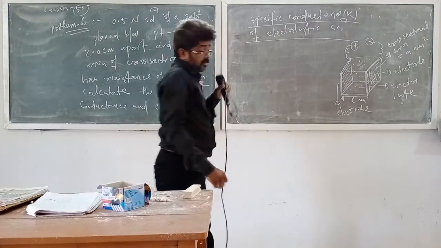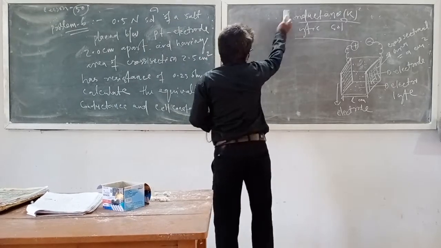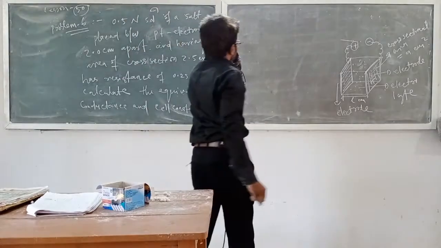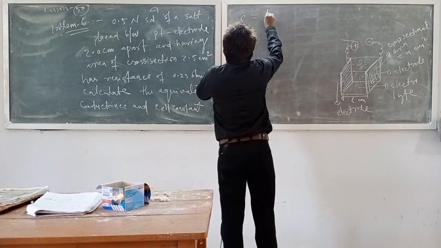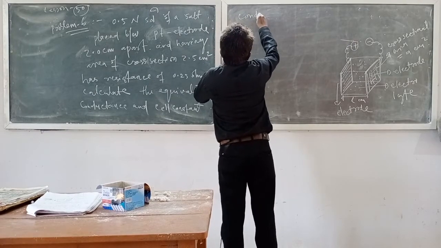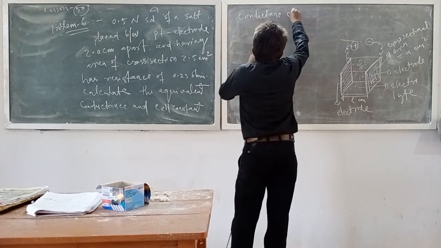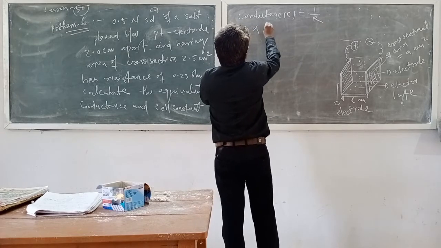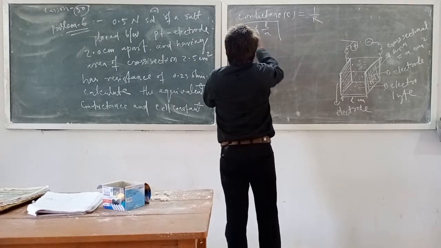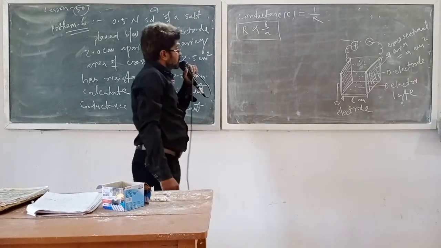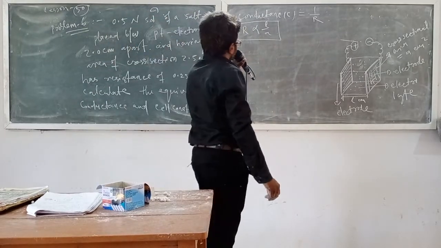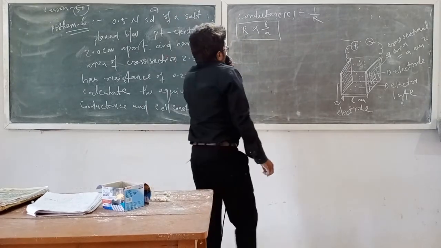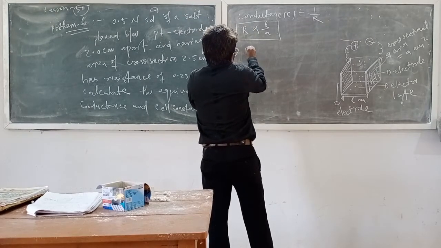We know that conductance C equal to 1 by R, the reciprocal of the resistance, and R is proportional to L by A. Previously we have discussed that R is directly proportional to L and inversely proportional to cross sectional area of the conductor.